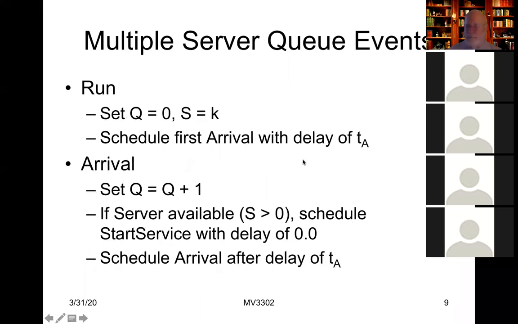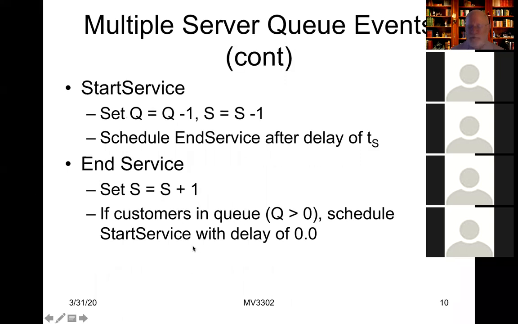The most important thing was we defined our events as these 4 events. We had our run event, but the most important ones is that once things started kicking off, we had the arrival events that had these conditions. We had state transitions and then the scheduling rules. And then for the start service event, again, we just had these state transitions and the scheduling rules. And every time an event occurs, it's important to just do what's on that event and not try to do anything more.